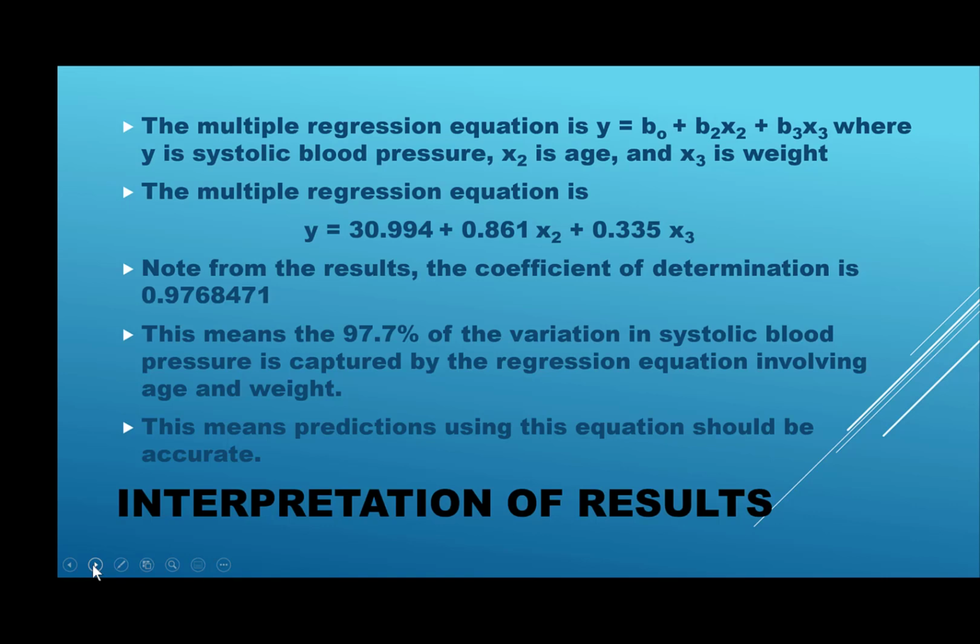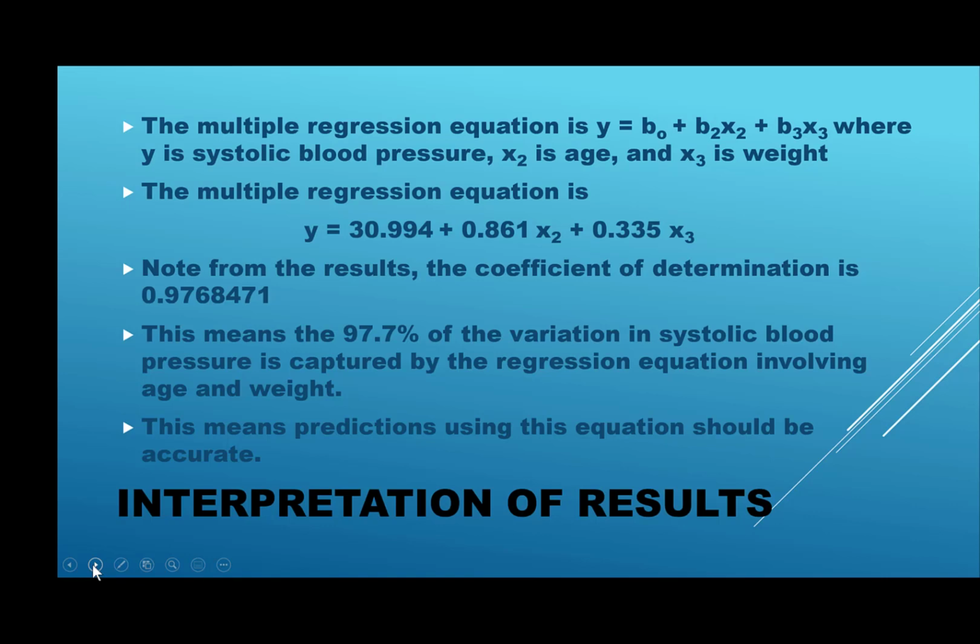So there's very little variation in the systolic blood pressure that would be accounted for by other variables. Basically, it's 100% minus 97.7. So this means that a man's weight and age are the major determining factors for his systolic blood pressure. Now, the 97.7 also means that our predictions using this equation should be accurate.